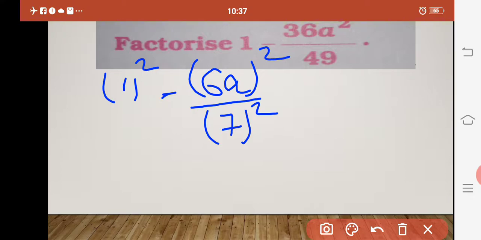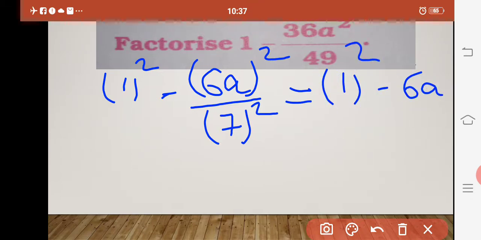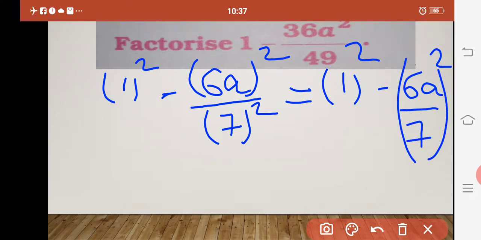Is that clear? Now what we have? We have 1 square minus (6a upon 7) whole square, because if the numerator is squared and the denominator is squared, then we can write it wholly as a fraction to the power 2. Now this we consider as a square and this as b square.